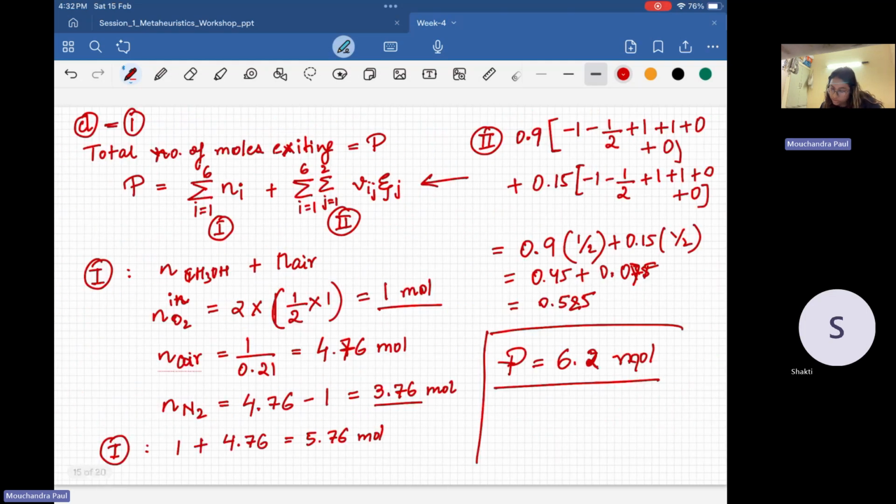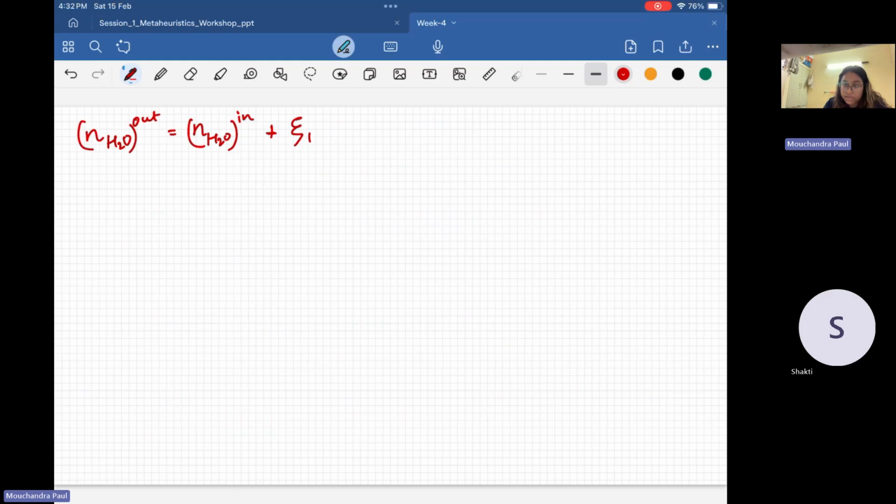Did we calculate anything regarding how much water is coming in? No, because we are not adding any water. So it will be zero, because it is formed as a product. So zero amount of water is coming in, and going out will be Xi1, basically 0.9 moles. So the mole fraction of water will be 0.9 by 6.2.